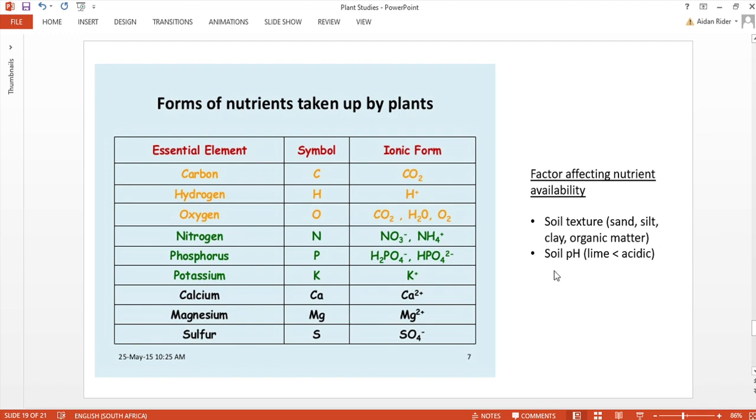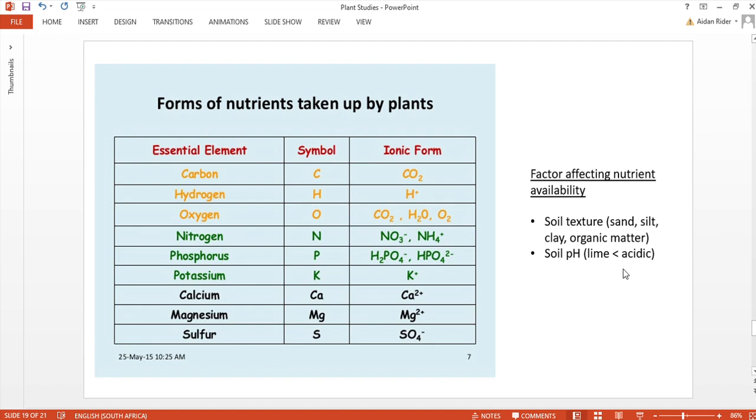Then also soil pH, acidic soils or alkaline soils, whether that will enable the plant to absorb these nutrients. If the soil is too acidic and you add lime, it makes it a bit more alkaline.